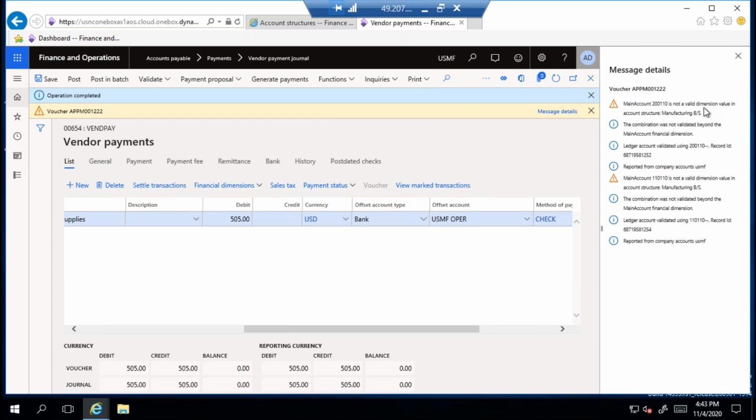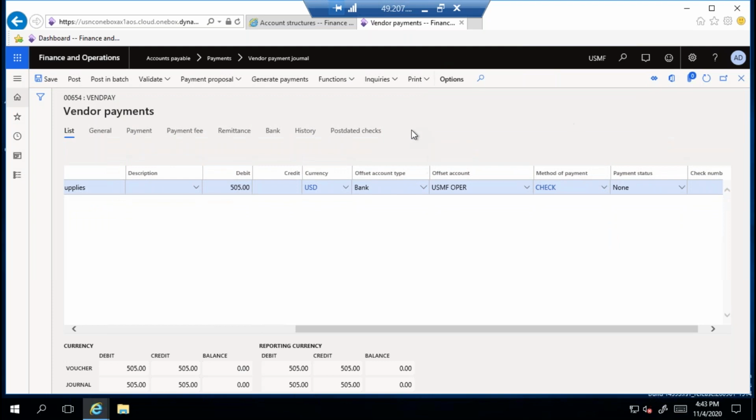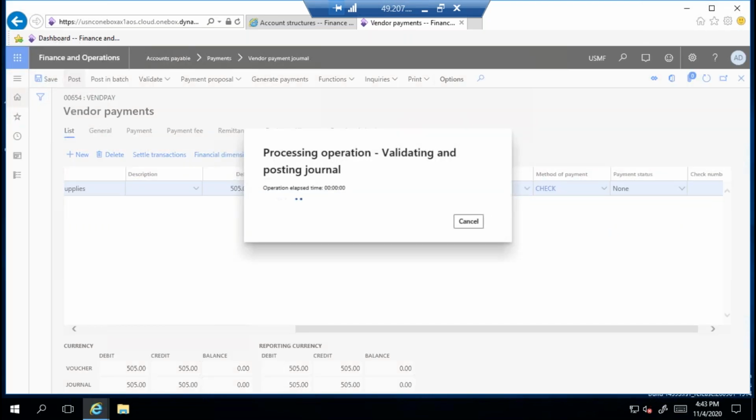The main account is not validated against the dimension value account structure. Here the combination was not validated beyond the main account dimension combination. So we are getting some error messages. It is failing. So you should not neglect these error messages. Suppose you are trying to post this one. What happens? We will get so many errors.